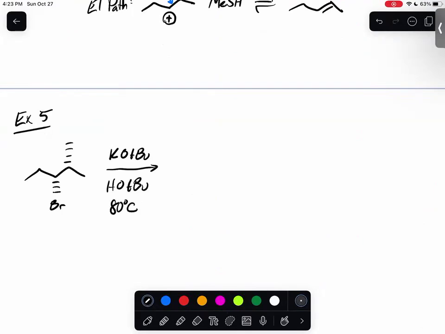So for this one, if we look at what carbon our leaving group is on, it's on a secondary, right? That tells us it can be any reaction. But then looking at our nucleophile here, positively charged potassium, which means we have this tert-butoxide anion. This is strong, right? So looking at this, it could be SN2 or E2.